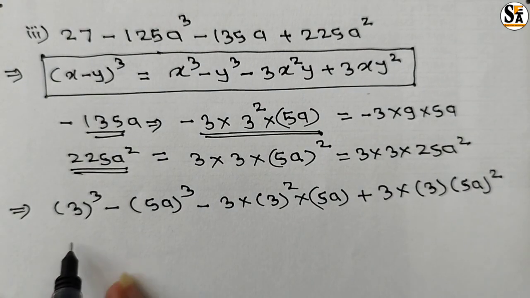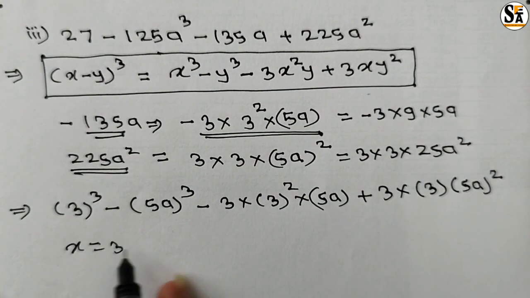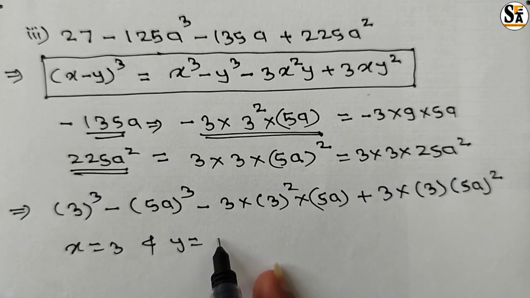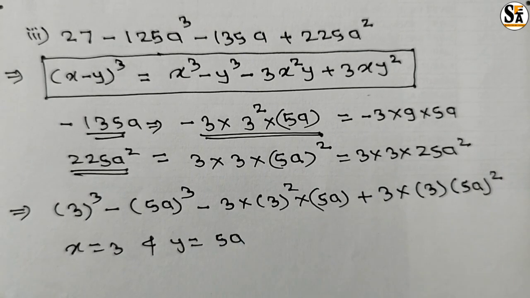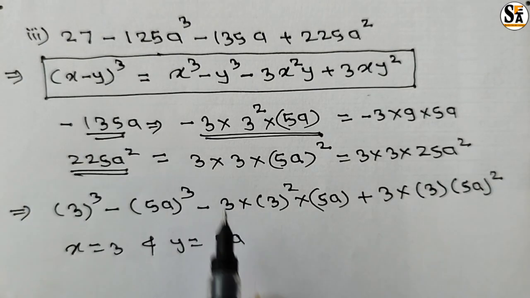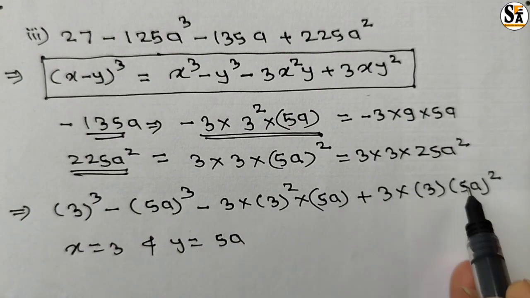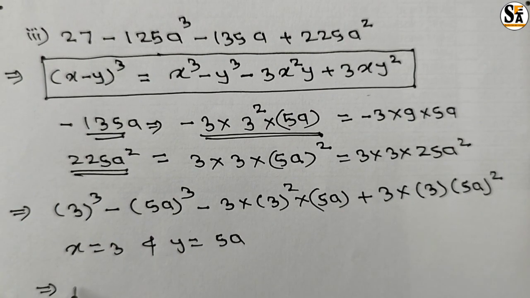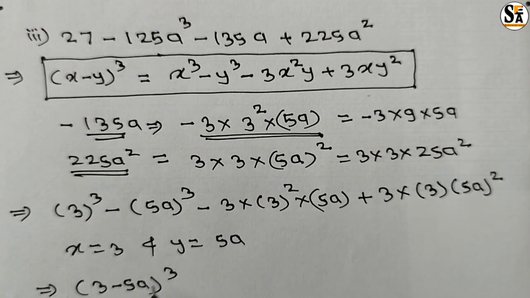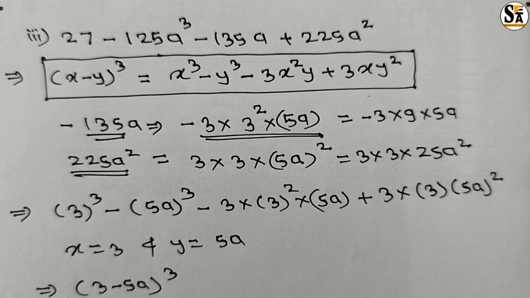So here we can put x is equal to 3 and y is equal to 5a. So if we put x is equal to 3 and y is equal to 5a, we will get factors of this expression as x minus y, that is 3 minus 5a bracket cube, isn't it? So these are the factors.